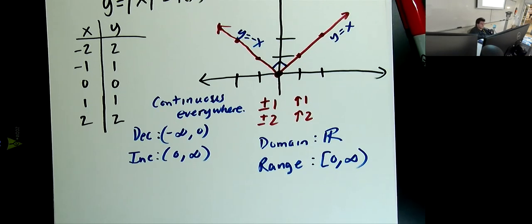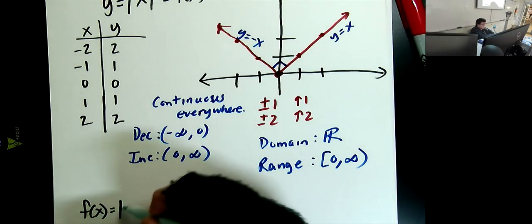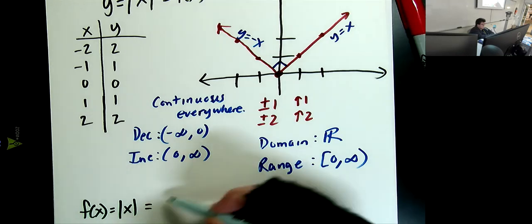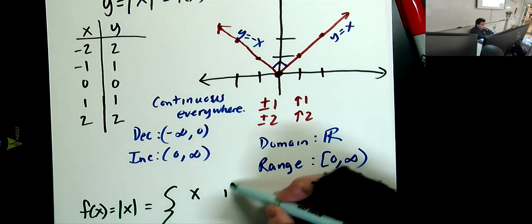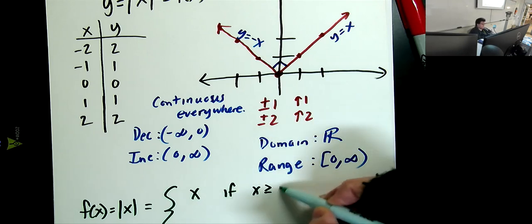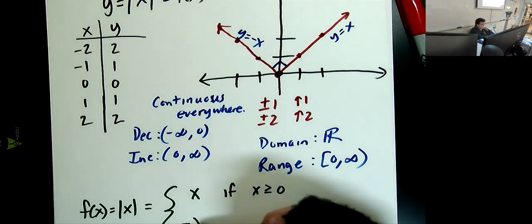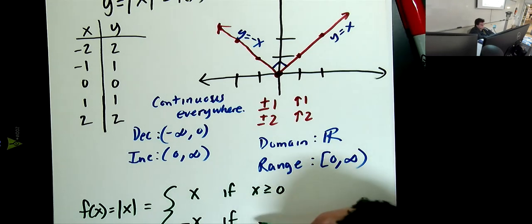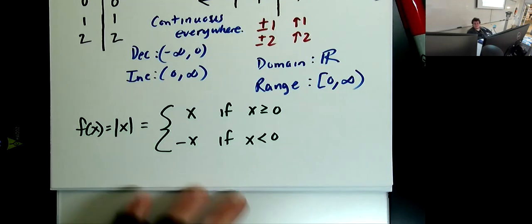I think I've showed you guys this before, but another way to write f of x equals the absolute value of x is I can say it equals x if x is greater than or equal to 0, and it equals negative x if x is less than 0. I don't know if the screen is visible for Zoom users.